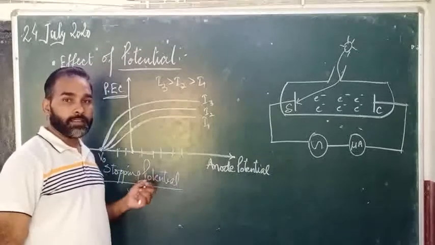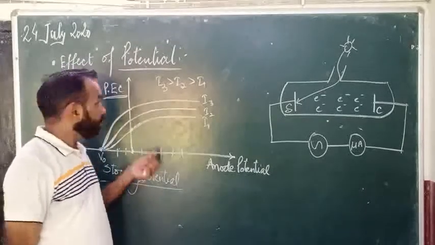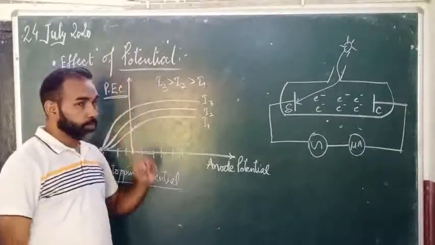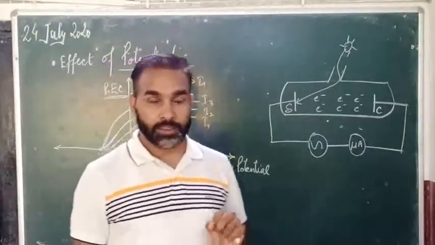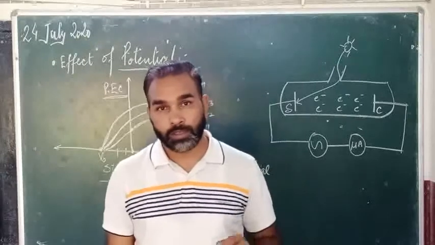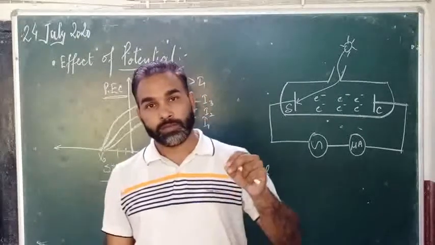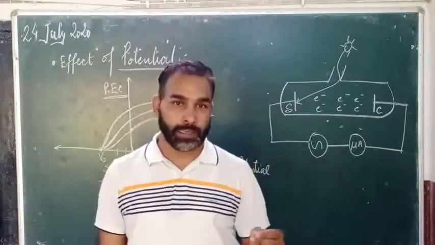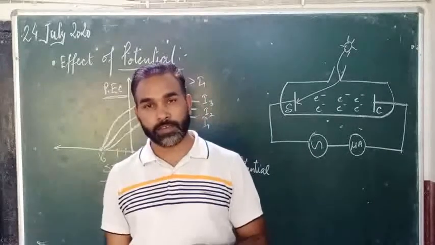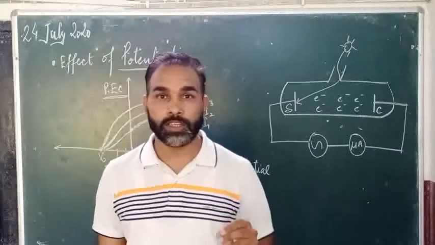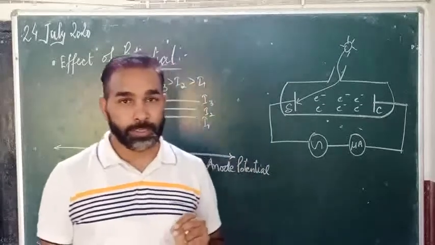Okay, now let us discuss the second case, that is effect of potential. In the first case, we have discussed the effect of intensity on photoelectric current. Now, in the second case, we will discuss the effect of potential.